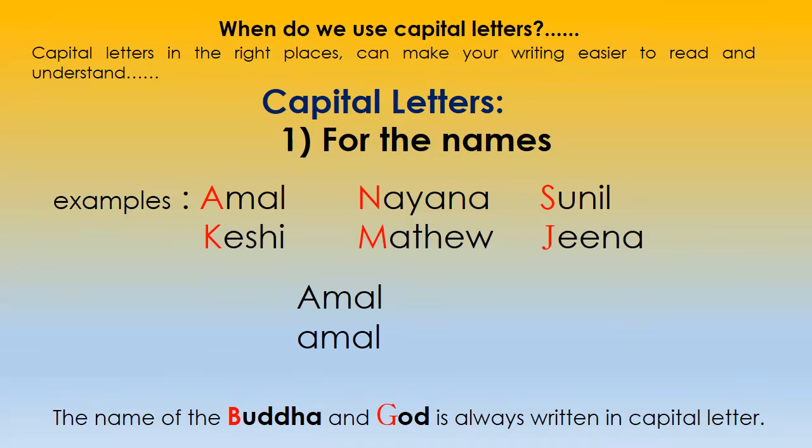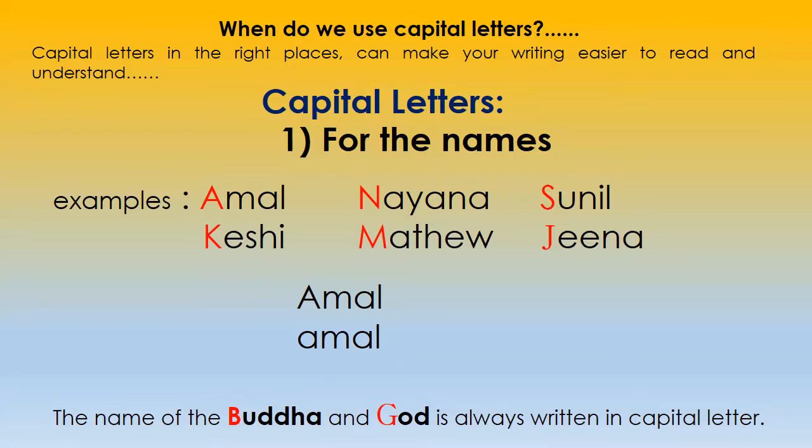Here I have given you some names: Amal, Nayana, Sunil, Keshi, Matthew, Gina. Here you can see in each name the very first letter is in capital. The beginning letter of each name is in capital and that is in red.